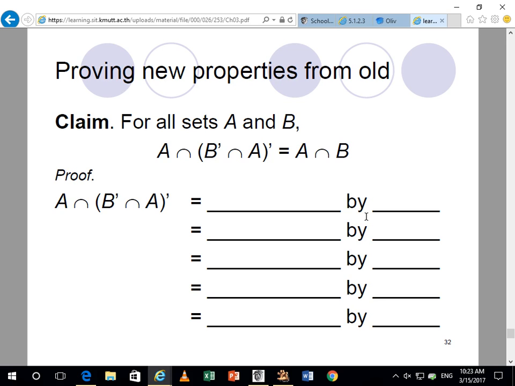De Morgan, right? So we start out with this. We take the prime. So it's this prime. Intersect becomes union A prime. This is De Morgan, right? So is this the first step? It could be the first step. So what's the next step?